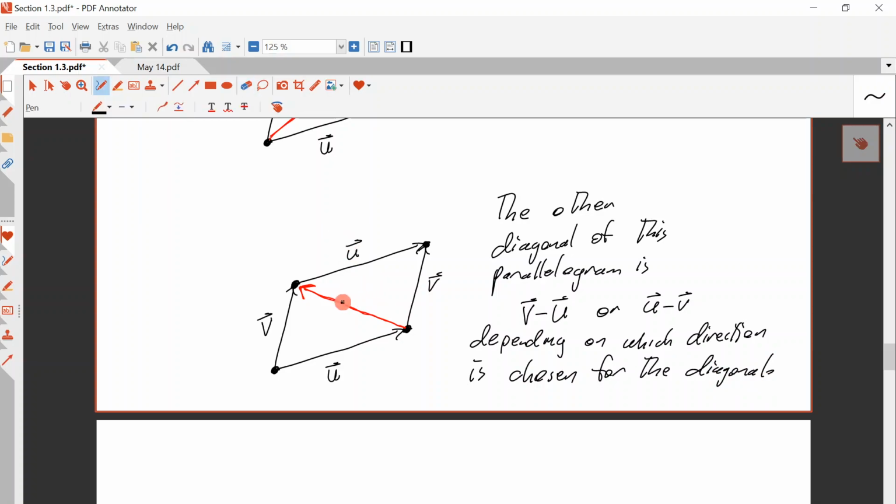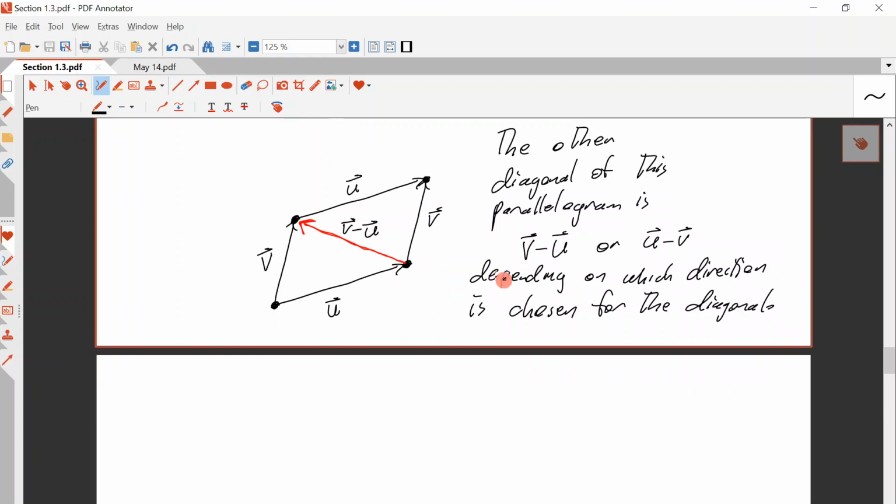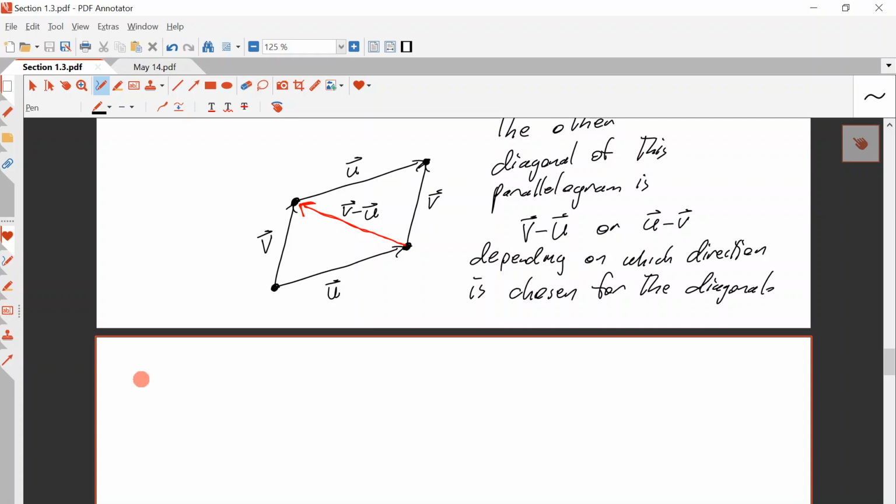All right, so in this case, the diagonal is v minus u, because u plus v minus u is v. If you want to go in the other direction, then v plus u minus v should be equal to u. So this direction is v minus u, the other direction is the negative of that, u minus v. Also, the zero vector in n dimensions is the vector where every component is 0.